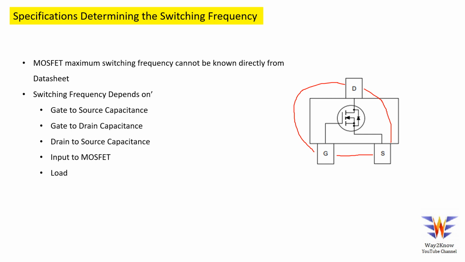Then, definitely, what is being provided to the gate of this MOSFET as a switching input, and the kind of output connected over the drain, all play an important role in determining the switching frequency.